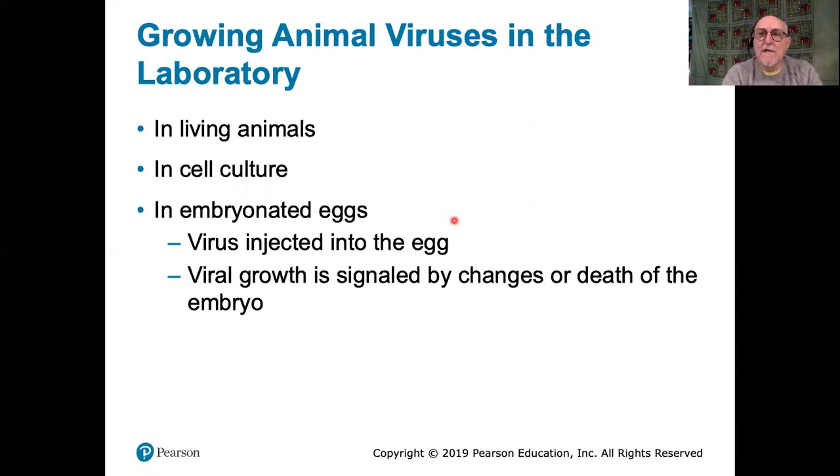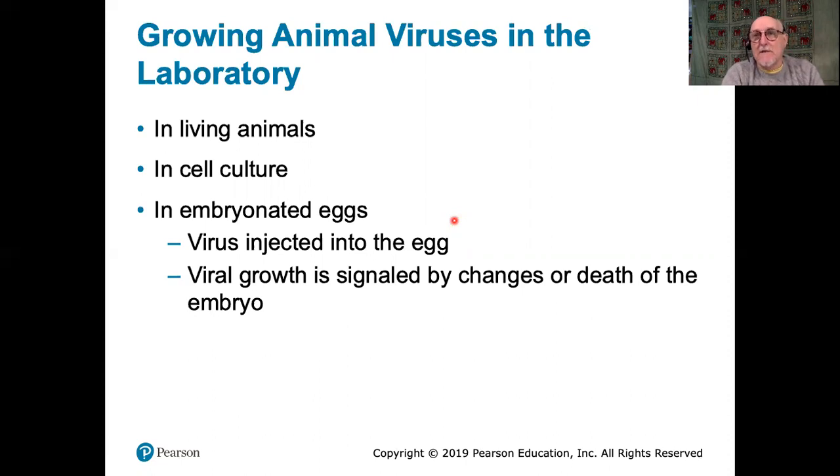One of the ways, of course, that you can do it is to infect living animals. And this is done often using mice or rats or rabbits. Those are the three laboratory animals of choice for viral studies.